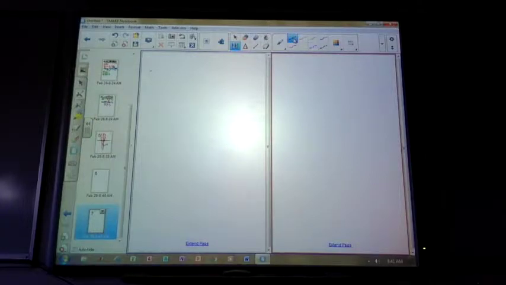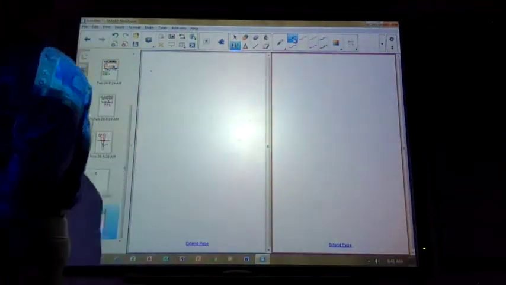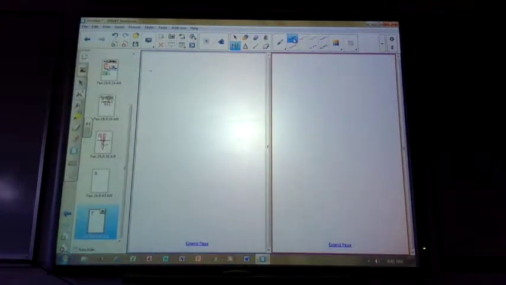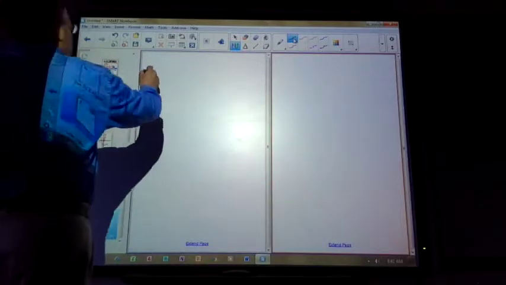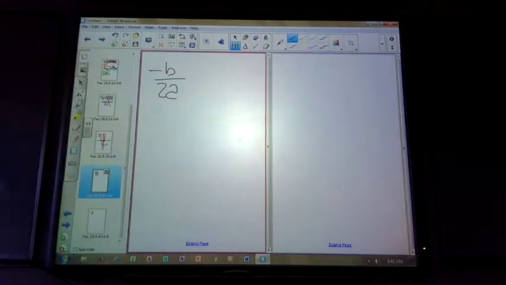What do you think? What is it? Look at yesterday's notes if you have them still. Negative b over 2a. Thank you. Using negative b over 2a, we'll find the x component of the vertex. That's your first blank up there.